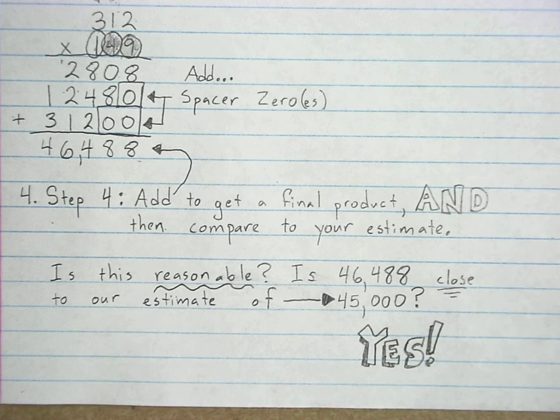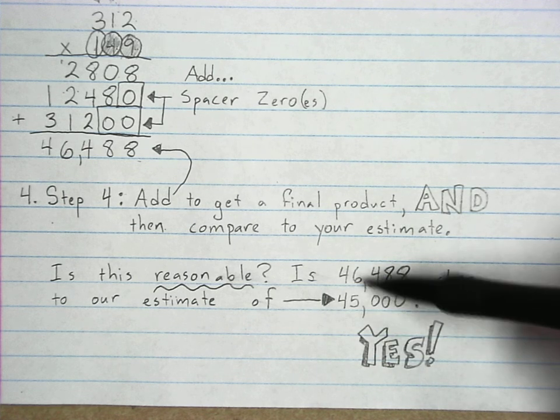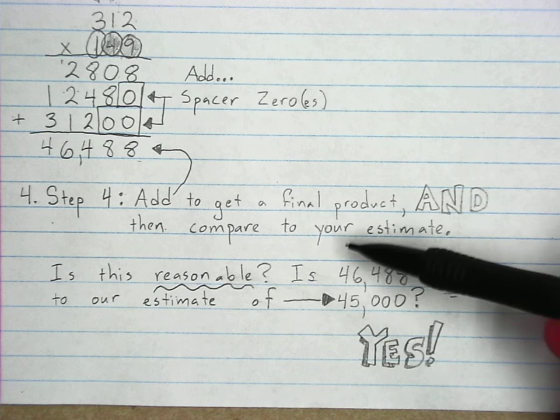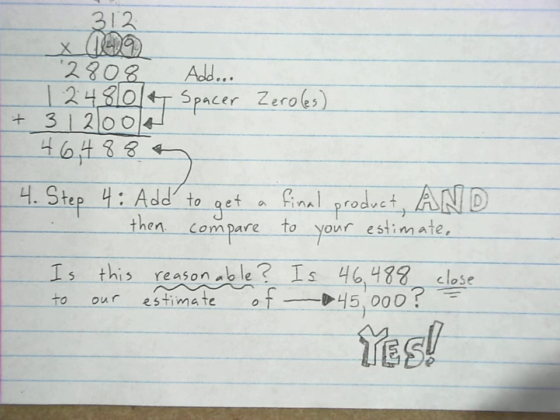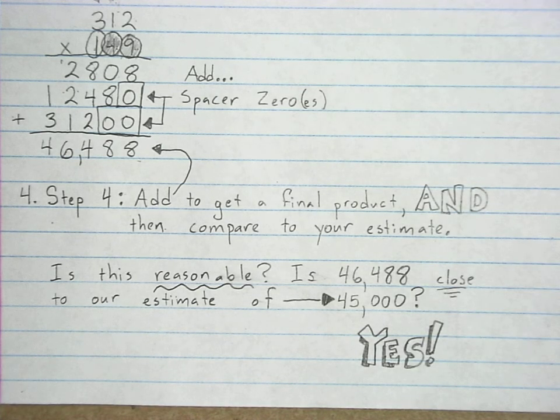It would have been a 5-digit number. It would have been only about 10, 15,000 off. That sounds like a lot, but really, realistically speaking, it's not. You're looking for, is my answer 46,488 when my estimate was 12? Okay, if you're off by tens of thousands, then you know that something has gone wrong.